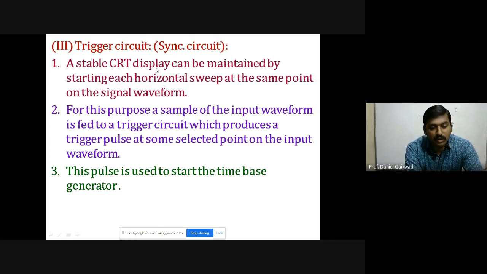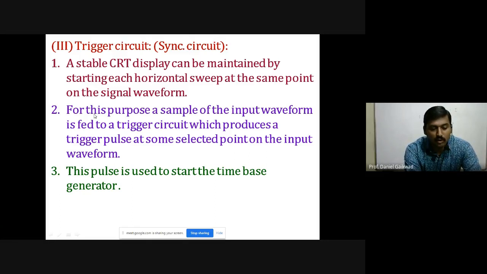A stable CRT display is maintained by starting each horizontal sweep at the same point on the signal waveform. When the signal is coming towards the vertical plate, at the same time the horizontal sweep has a role. So this is the important case where matching of the vertical signal and horizontal signal is required. For that we have the trigger circuit or synchronization circuit.